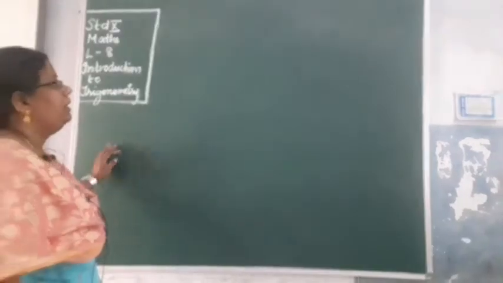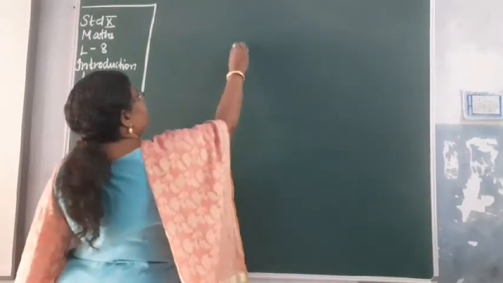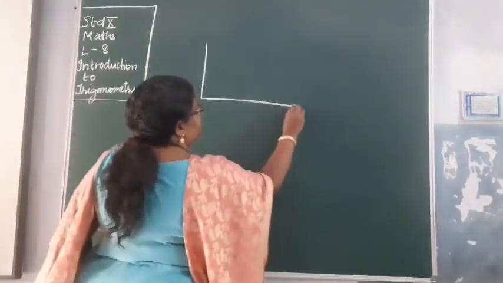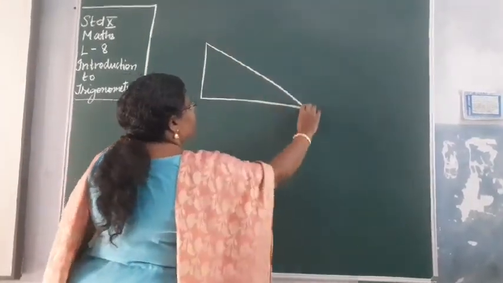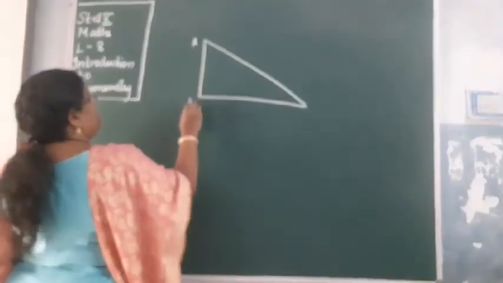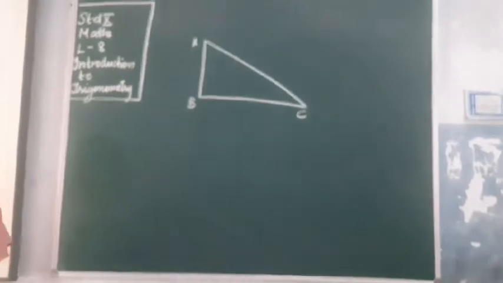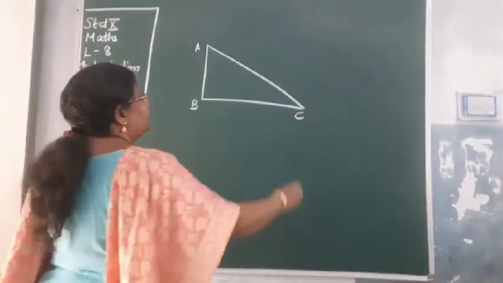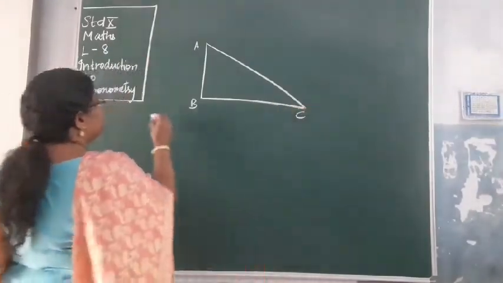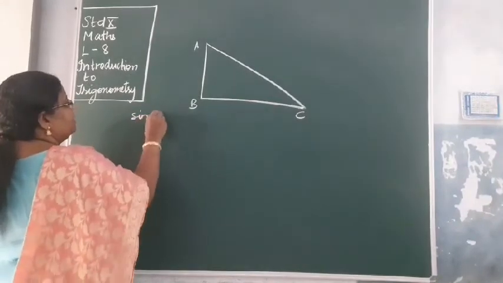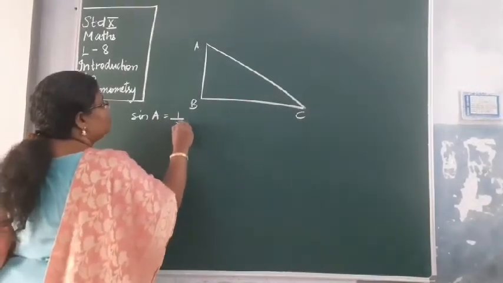Now let us see, suppose a right angle triangle is represented by A, B, C, and it is given that sin A is equal to 1 by 3.